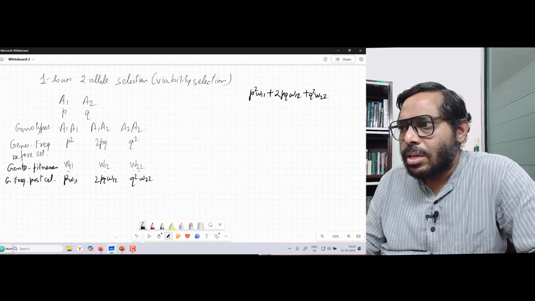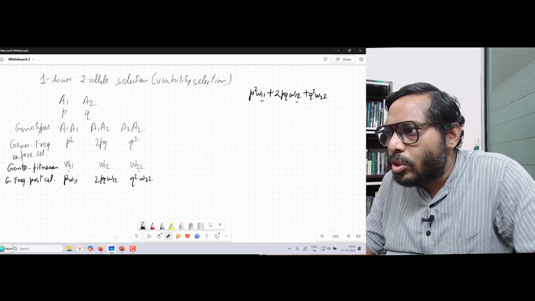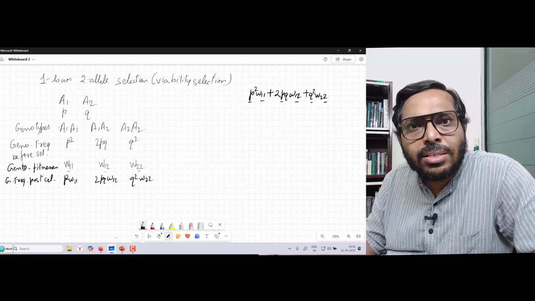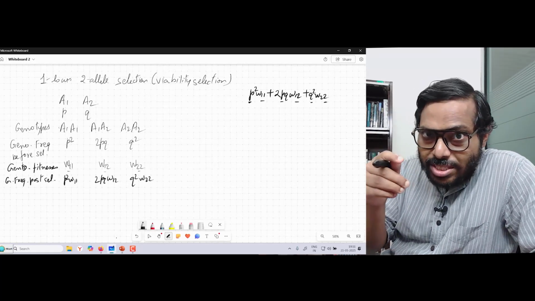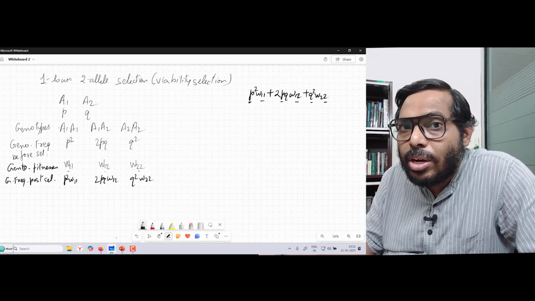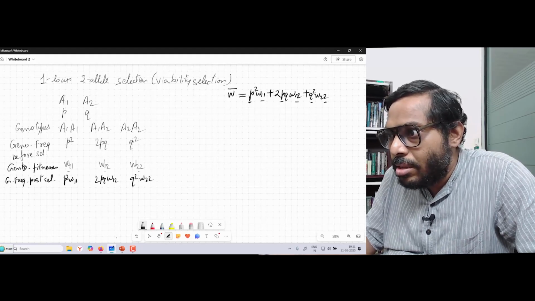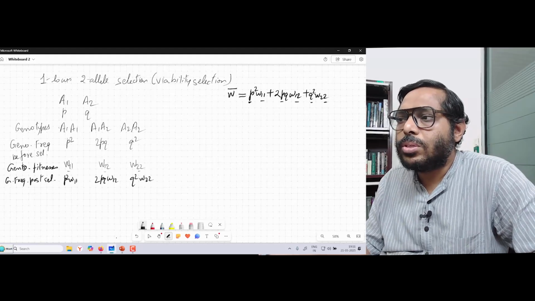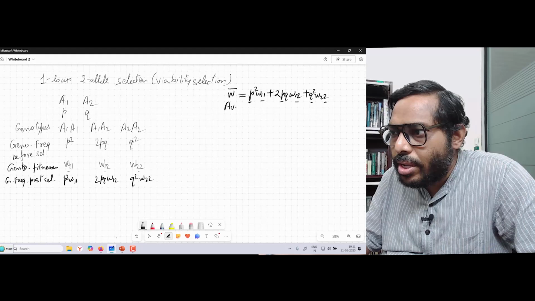As you can see, these are the genotypic fitnesses multiplied by the corresponding frequencies. So by what we discussed just now, this is the average genotypic fitness in the population. In other words, W bar, which is this sum, is equal to P square W11 plus 2PQ W12 plus Q square W22.